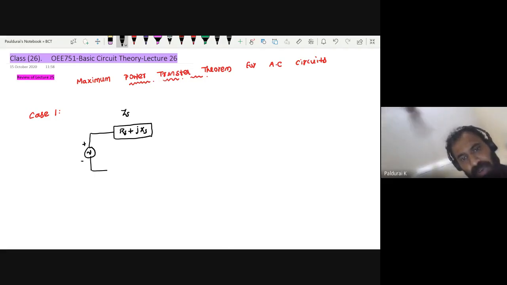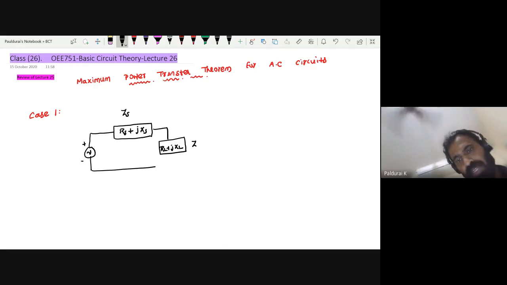But coming to the load, case 1, the load may be RL plus J times XL. The load is also an impedance ZL. So case 1 according to unit 3 is source impedance ZS and load impedance.